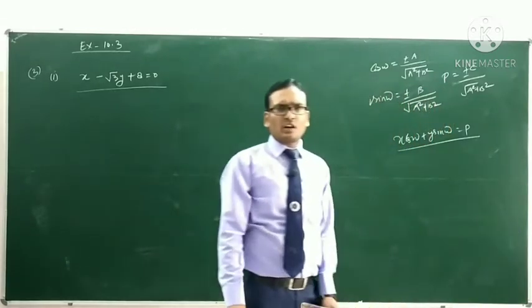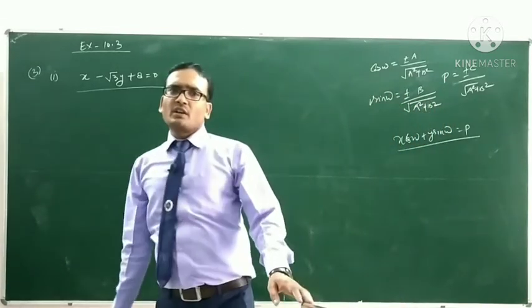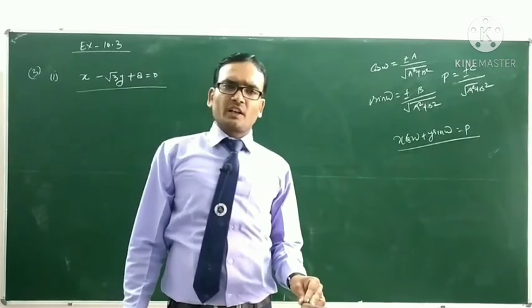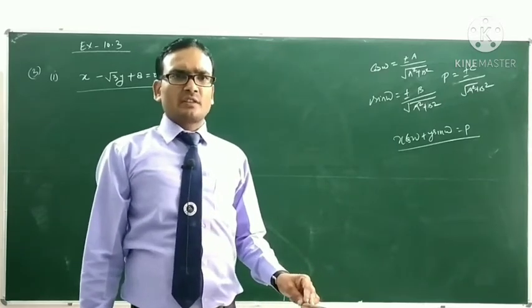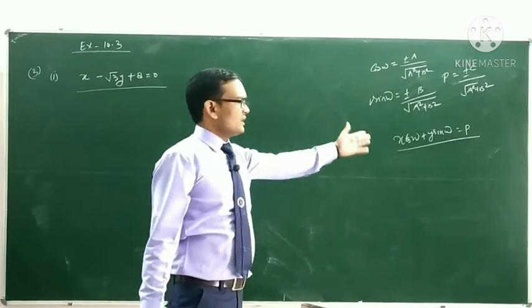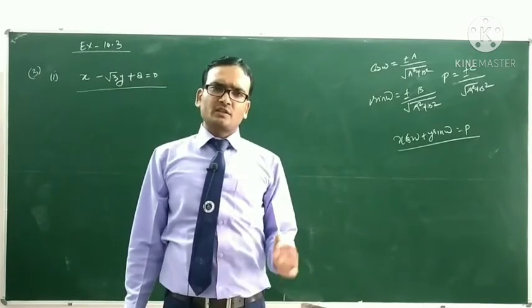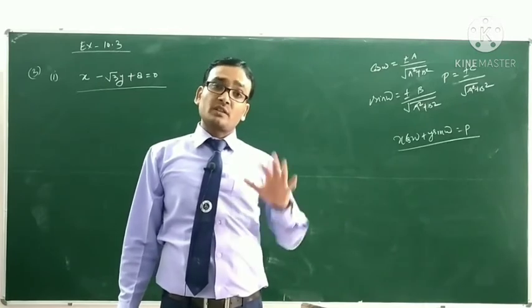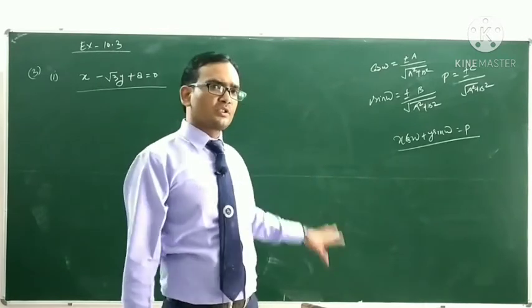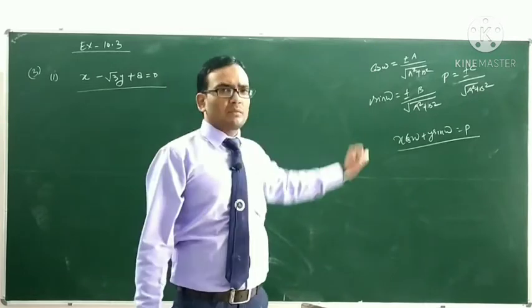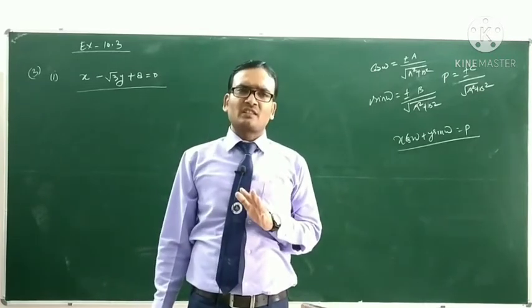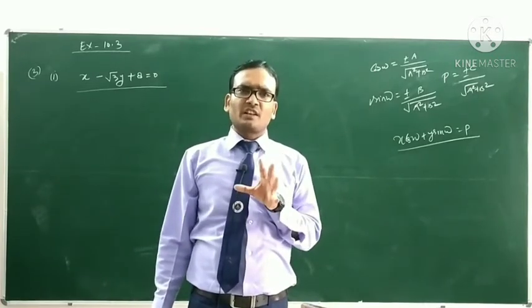Using this formula we find the value of cos omega, sin omega and p, and substitute in the equation x cos omega plus y sin omega is equal to p. This is the first method to reduce the equation to normal form, but here we discuss a very simple method.